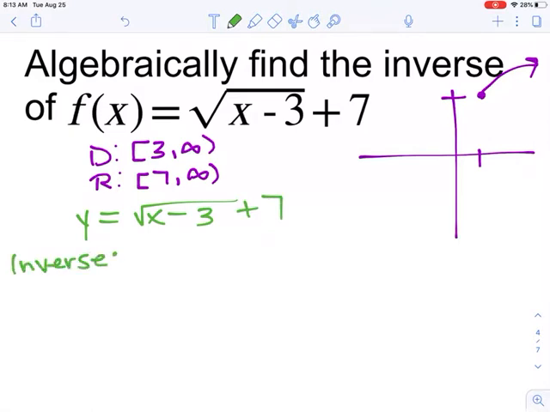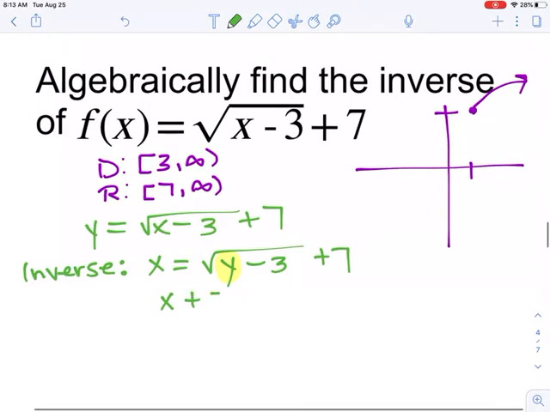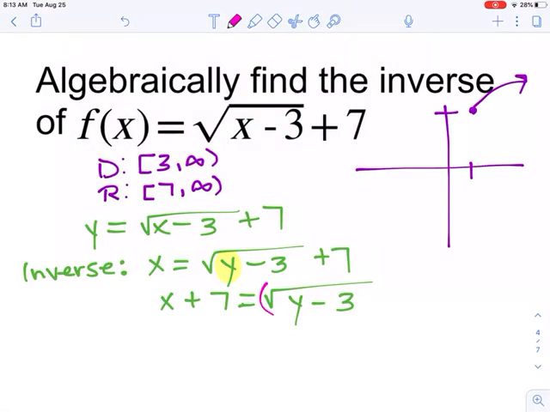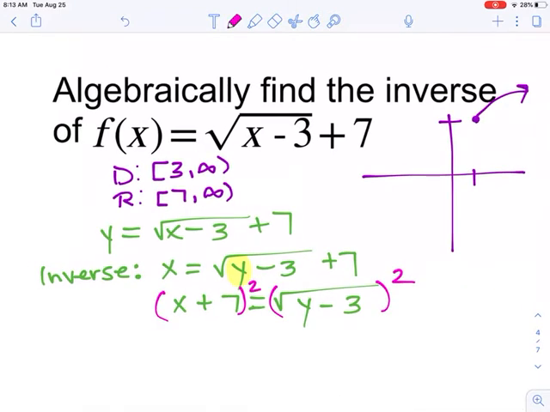We know that f of x means the same thing as y. So to find our inverse, remember, our strategy, no matter what we're doing, is to switch x and y. Okay, and we want to solve for y. So in order to do that, we would want to add the 7 over, and we need to get rid of that radical.